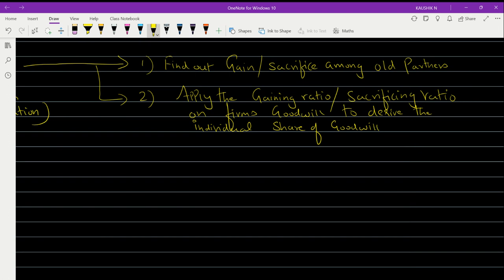So the second step is to apply the gaining ratio or the sacrificing ratio on the firm's goodwill to derive the individual partners' share of goodwill.